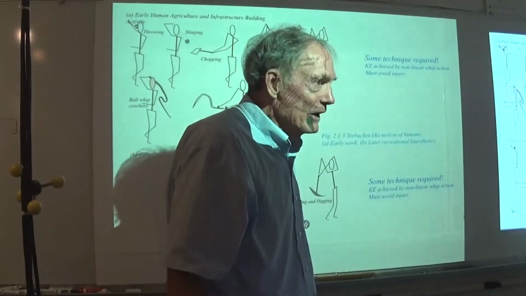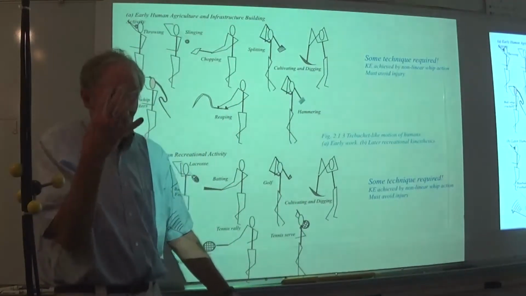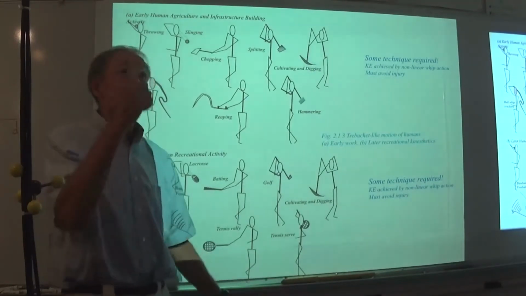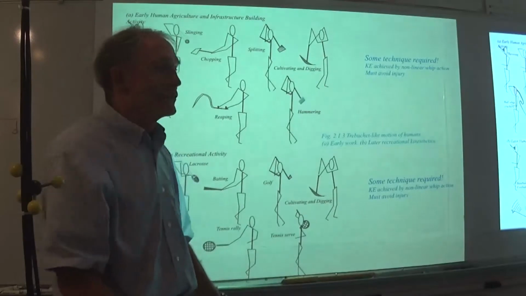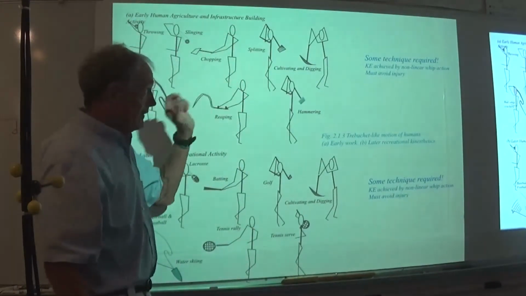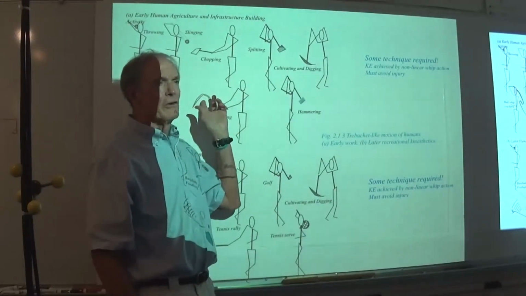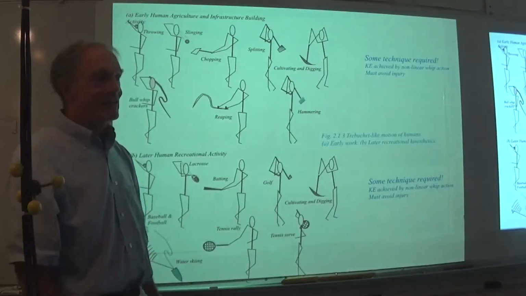If you know how to do that, you can be a 110-pound lady, woman, girl, and outdrive that 300-pound guy with big muscles. So there's a trick to this. And you have to realize that these people couldn't go to the orthopedic surgeon to fix, say, reaping elbow. You got to do it right.